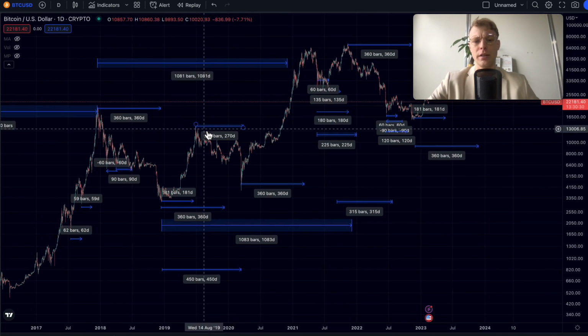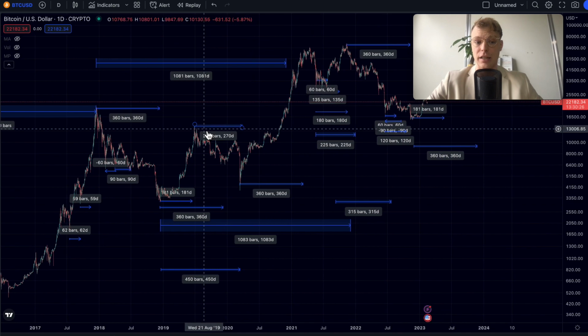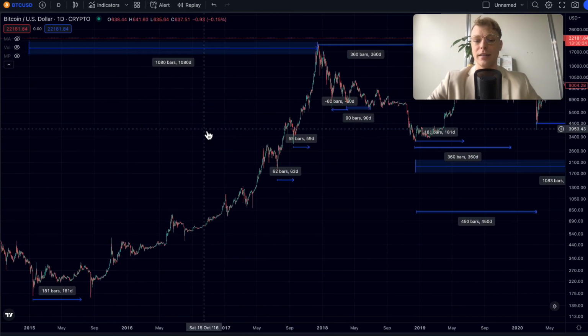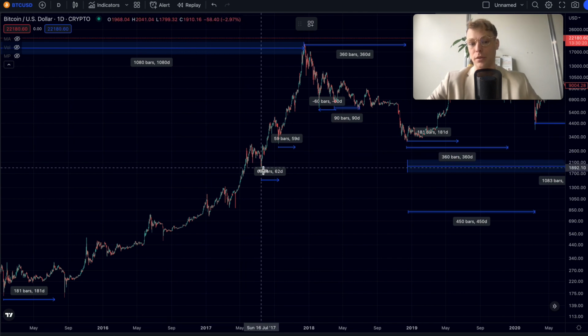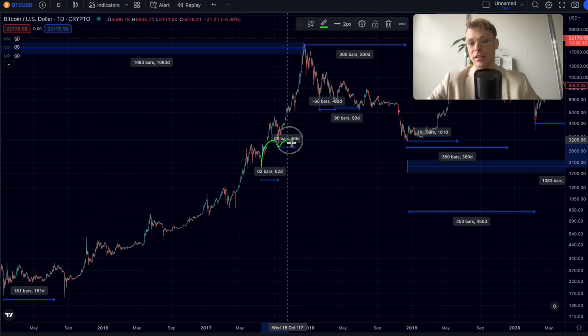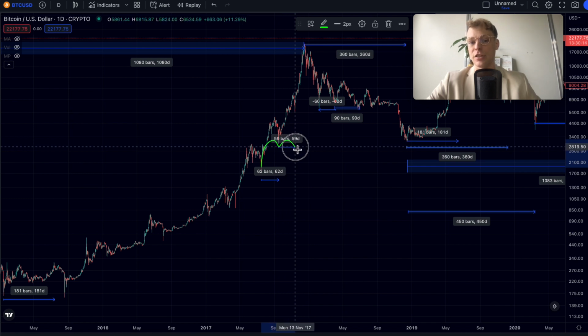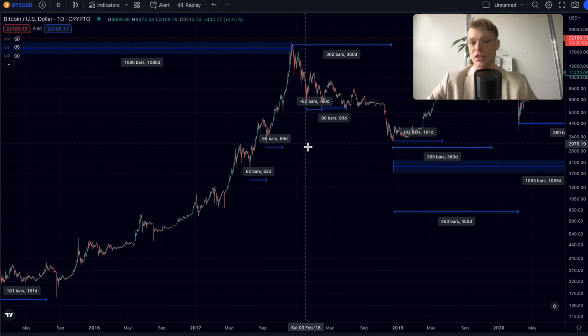Go back to Bitcoin. First of all, we're already talking quite often about the 60-day cycle. Well, this one is actually quite clear. We have a bottom, 60 days later we get a bottom again, 60 days later a bottom again, and 60 days later a bottom again. This is how the 60-day cycle works.